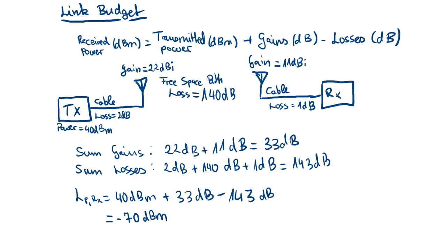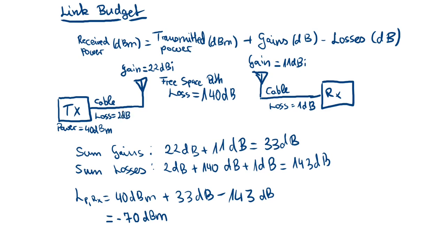Now we take into account that there's a feeding cable to an antenna. The antenna has a gain of 22 dBi in reference to an isotropic antenna. Remember the I here. And the feeding cable has a loss of 2 dB.